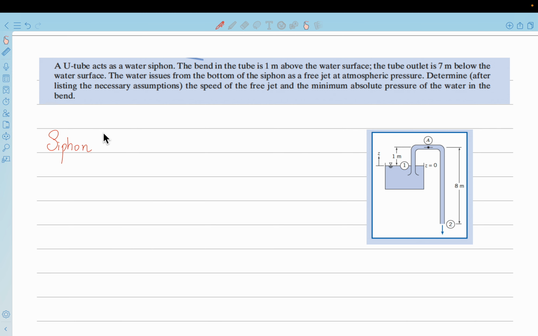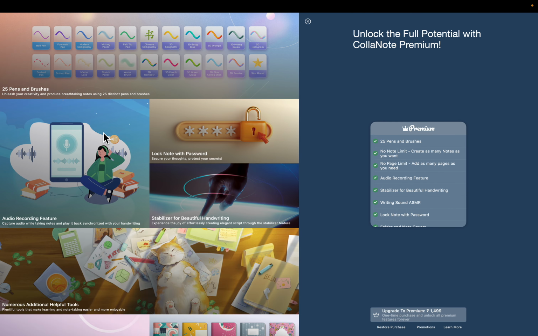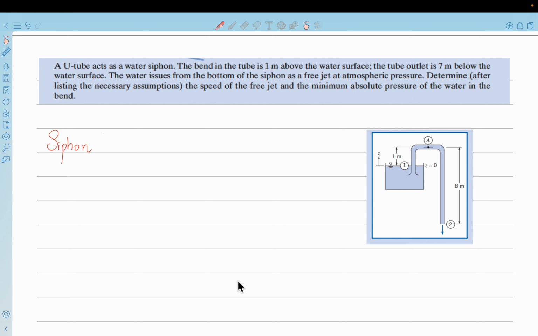This is in fact a very old technique. It's known to have been used by the Egyptians. Does anyone know what a siphon is?